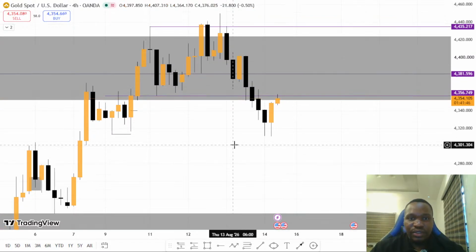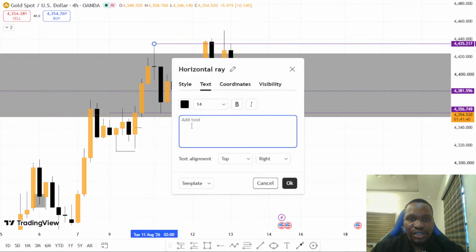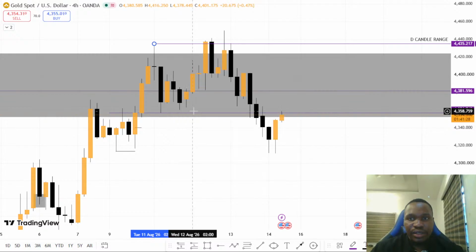Just here in the same range where we had this daily candlestick. Remember this point here. Let me write it out so that you can see: daily candle. That's the daily candle range. So we have the daily candle like this, the high, and this was the low here.